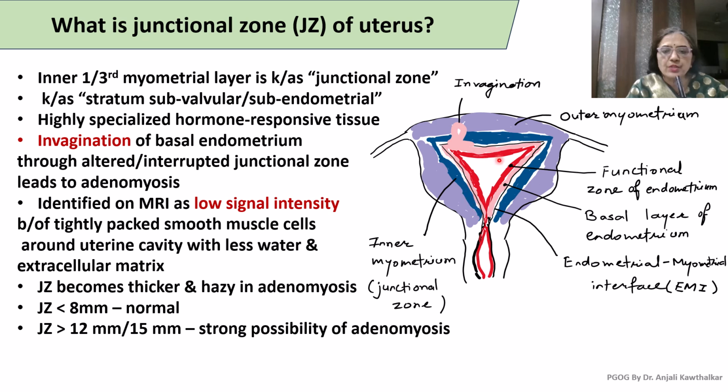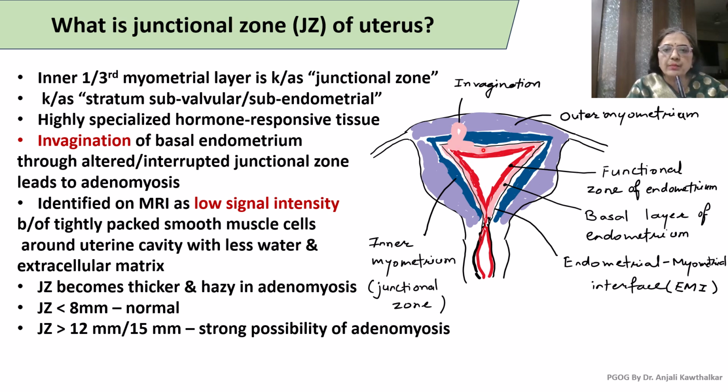The functional layer undergoes proliferation, then secretory change, and then shedding of the upper layer of the endometrium, and it responds to hormones. Whereas basal endometrium does not change with the hormonal levels in a menstrual cycle. And this basal layer is responsible for regeneration of the functional layer of the endometrium at the end of menstruation in each cycle.